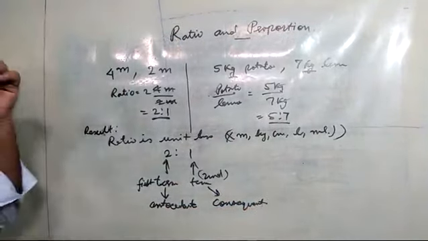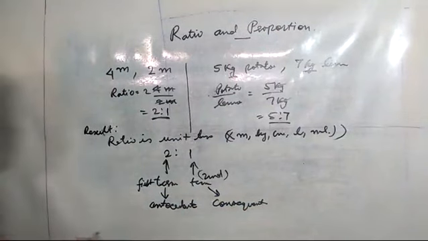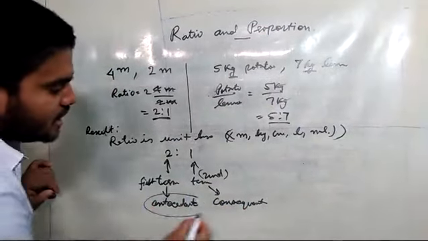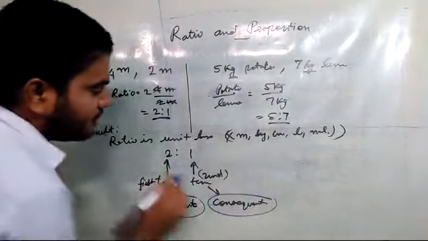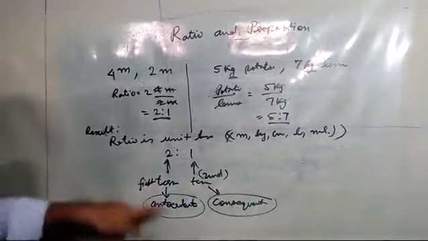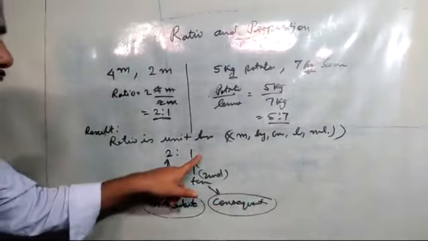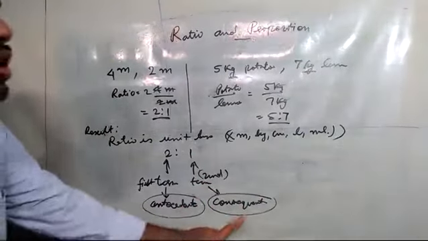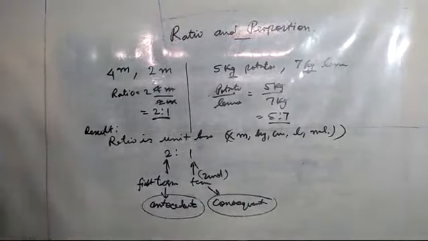So you should know the terms antecedent and consequent. The first term of the ratio is called antecedent. The second term of the ratio is called consequent. Ratio is a comparison of two similar quantities having similar units.